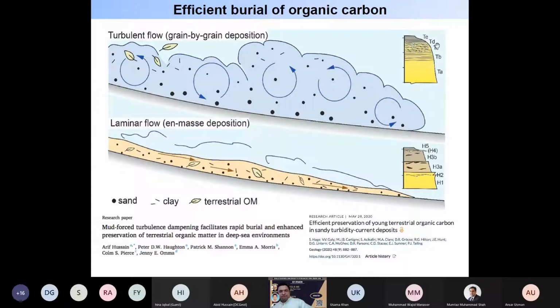While in the mechanism where flows dump their load, they are deeply buried. So these are the H3 divisions where organic carbon content is higher, because it was first rapidly buried, and then there is a mud cap above it, which provides post-burial protection.